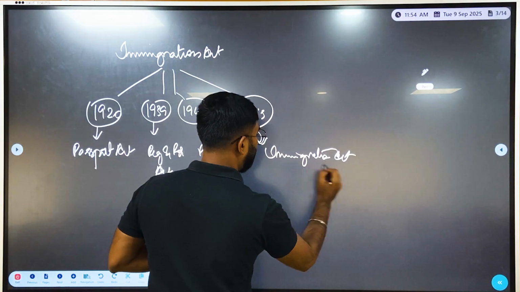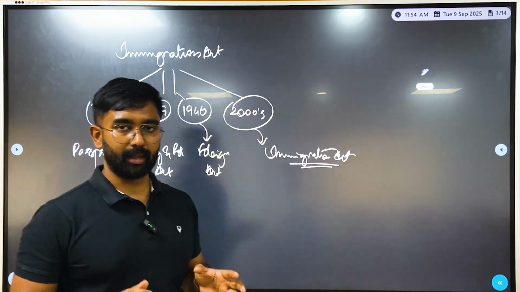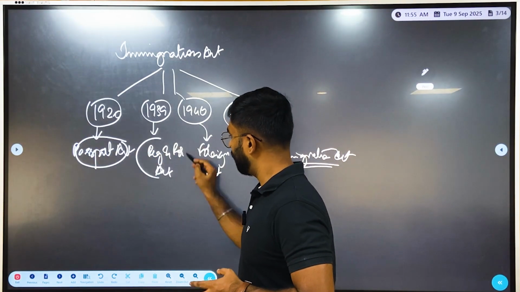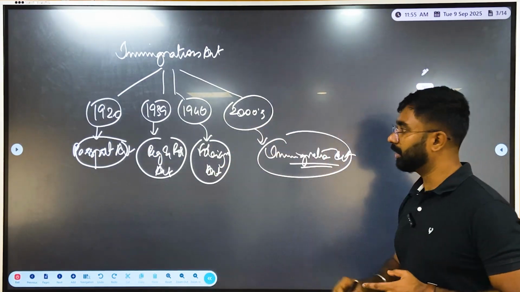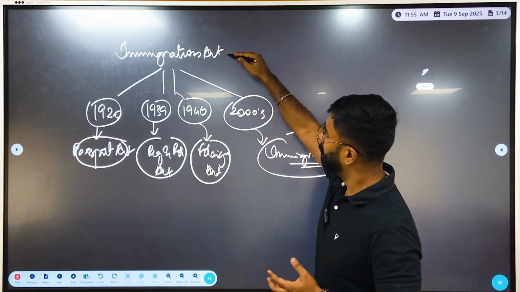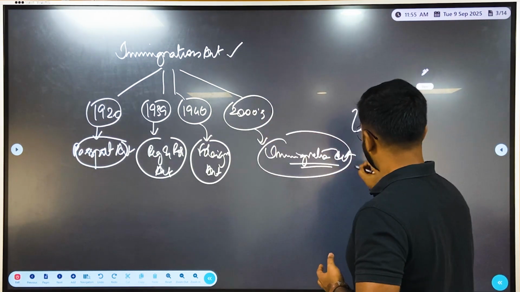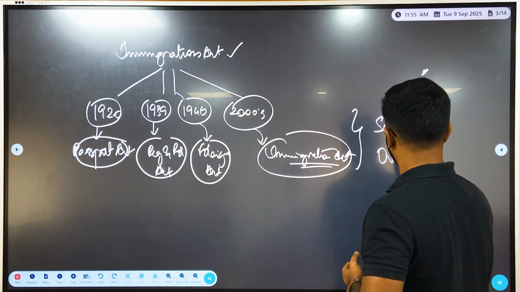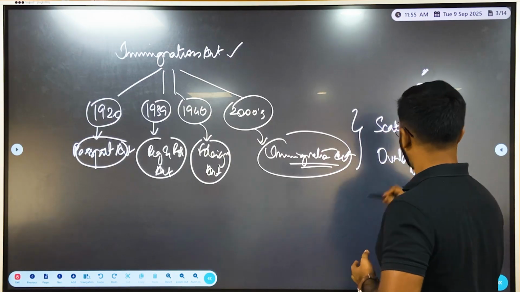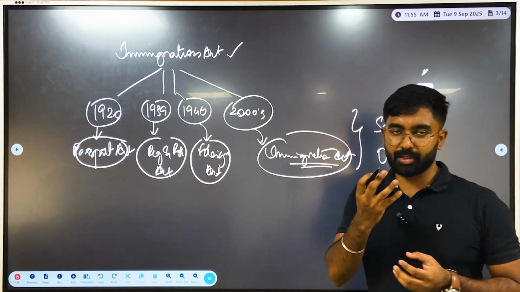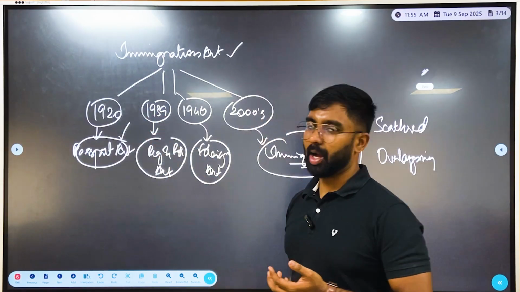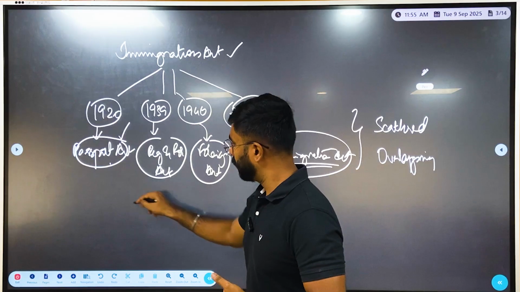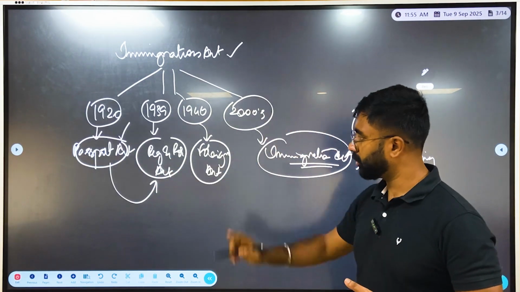Now the problem was only one thing: most of the important provisions were either scattered, because we had 4 different acts governing one particular topic, which is immigration, or they were overlapping. Provisions related to how a passport has to be verified for a particular foreigner who is entering the country might also be repeated in the Registration Act.